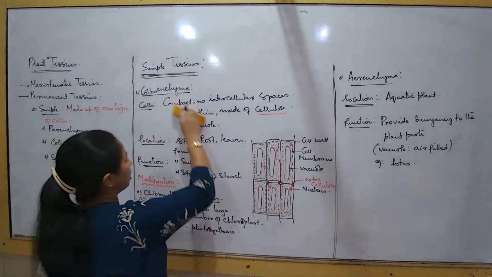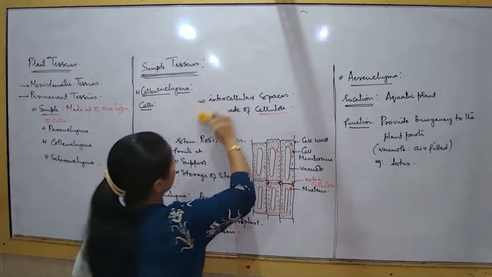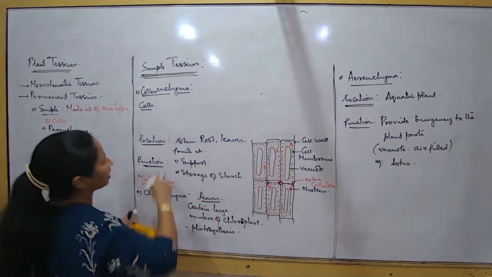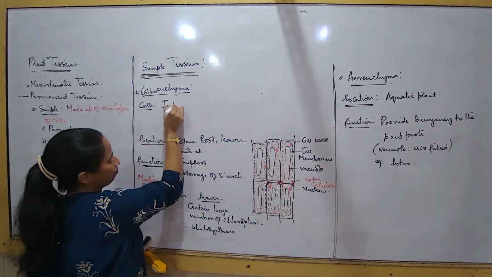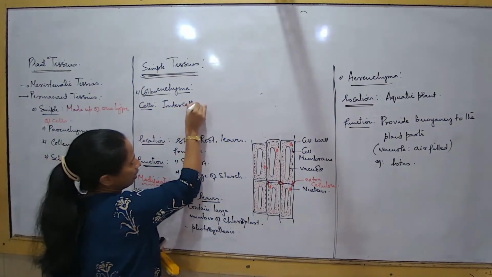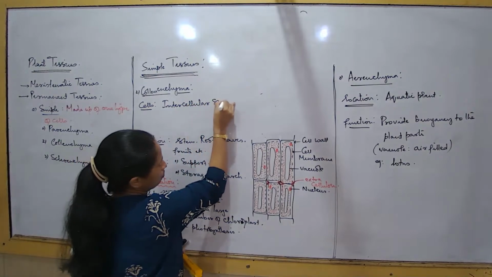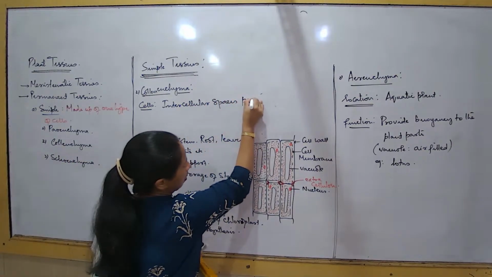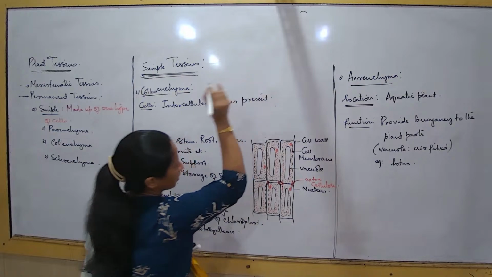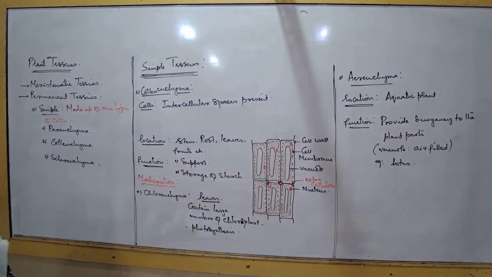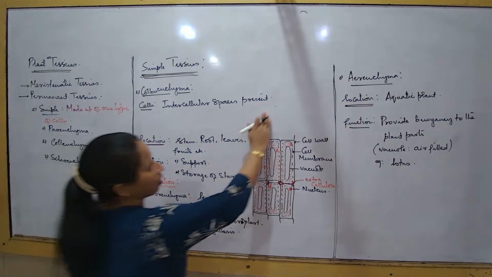What are some of the features of collenchyma to understand? Collenchyma: intercellular spaces present. Intercellular spaces are always present there.